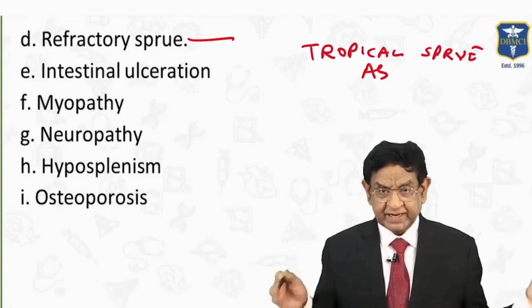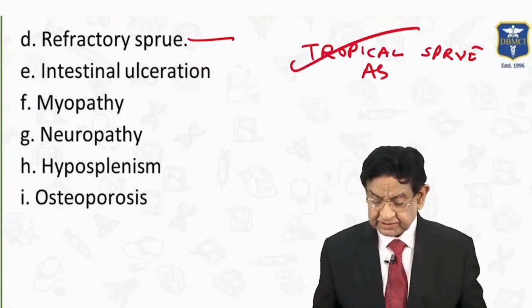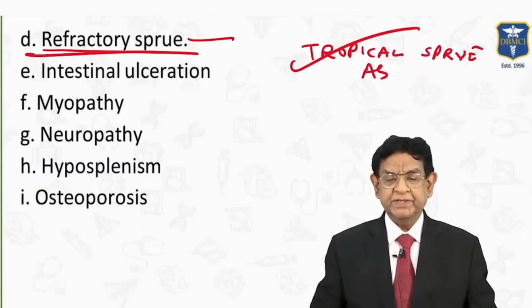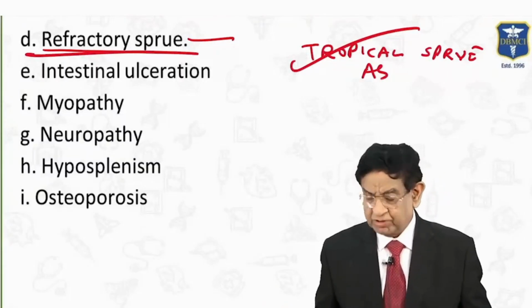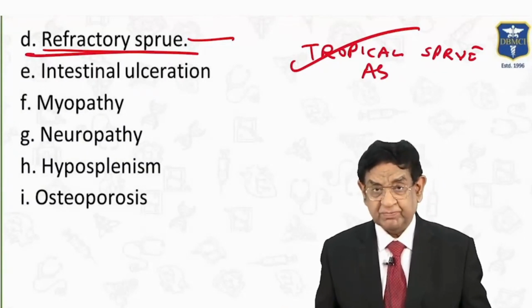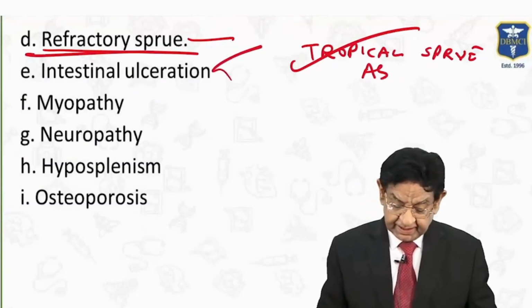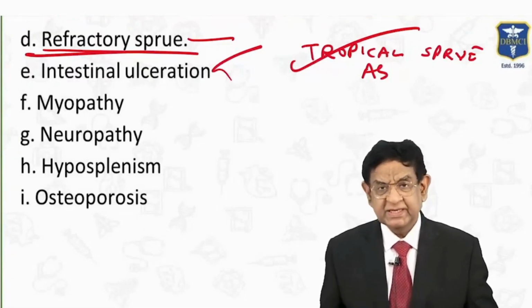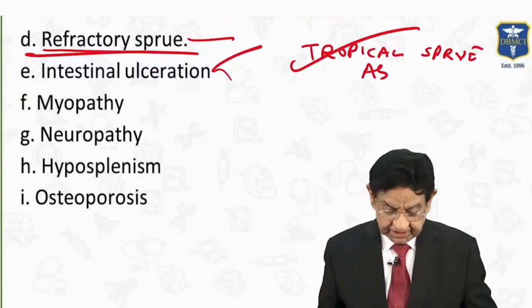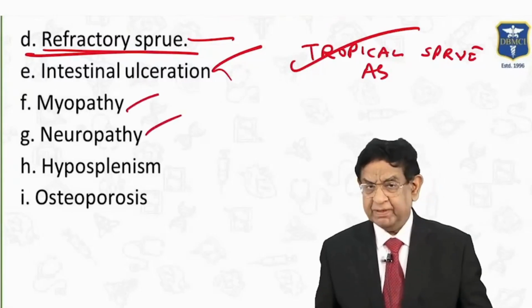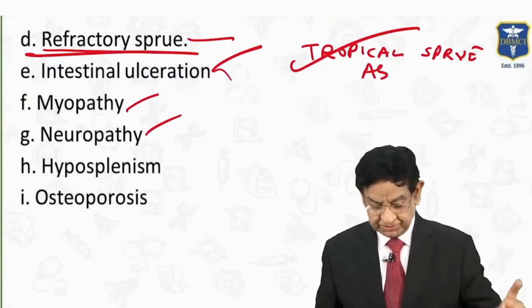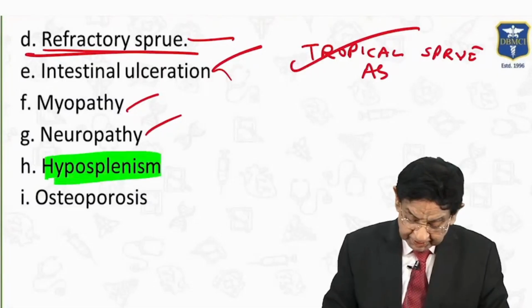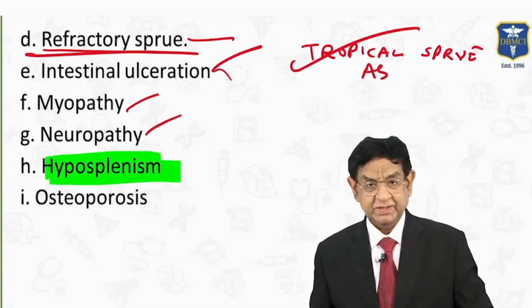So you are giving antibiotics thinking it is a case of tropical sprue, but it is not responding, so we call it refractory sprue. The patient keeps having loose motions because we are not aware that it's not tropical sprue. There can be ulceration, which occurs primarily if malignancy occurs. Myopathy, neuropathy, maybe nutritional; nobody is going to ask you. But the most important is hyposplenism.